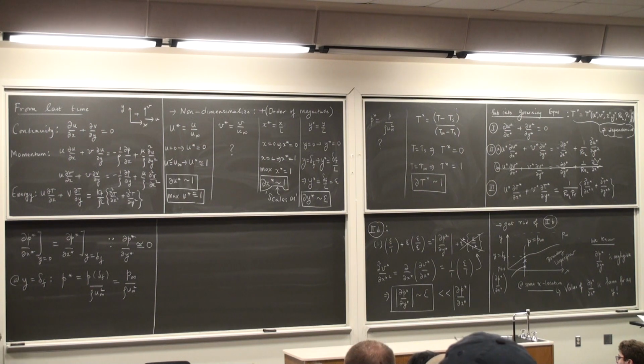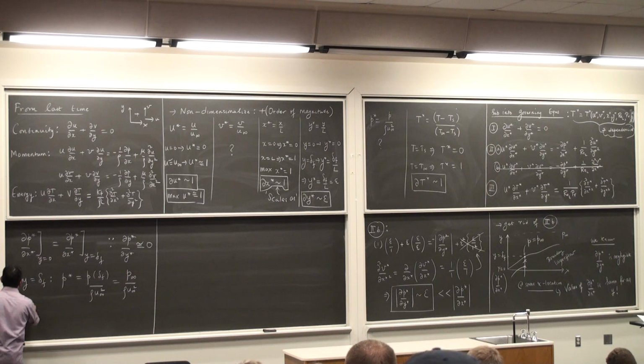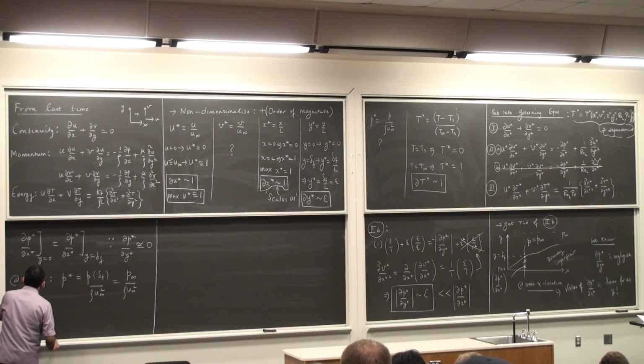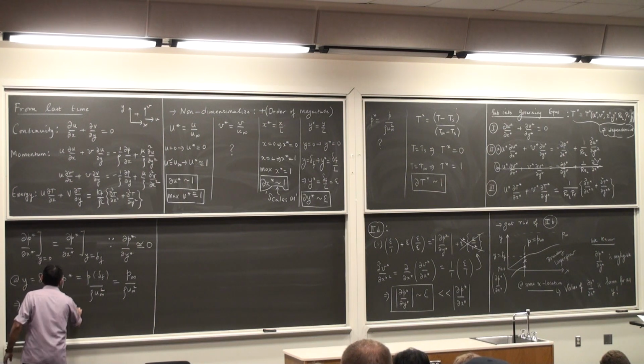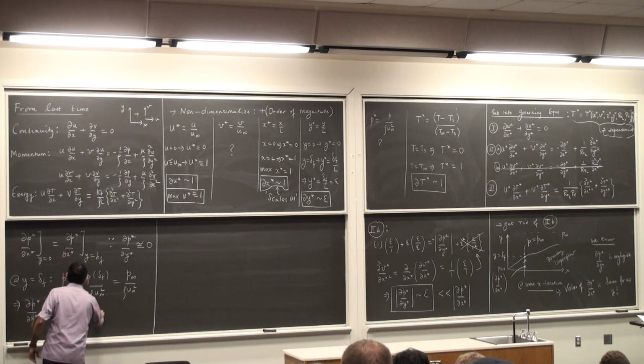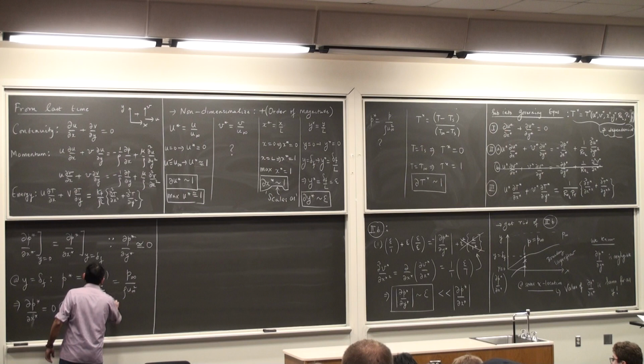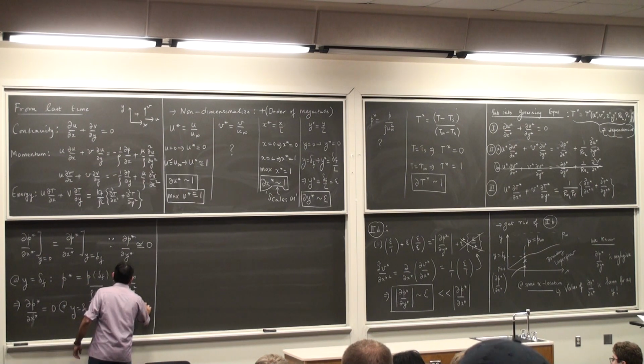Okay, so this says dp star by dx star is equal to 0 at y is equal to delta f, which means it's 0 for all y.